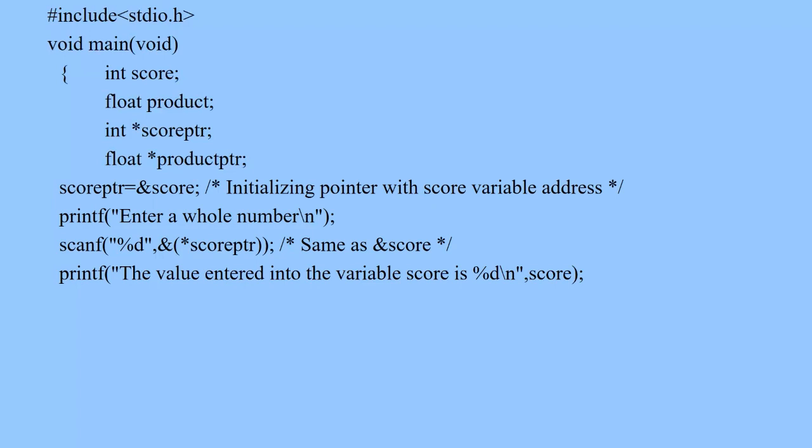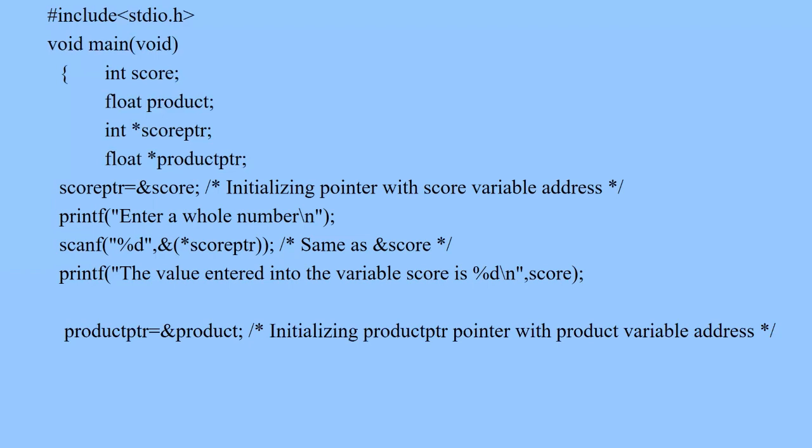So when we output the score, it will display the value which has been entered. It will pick the value in that variable called score, which is of type integer, display it, and then drop one line.